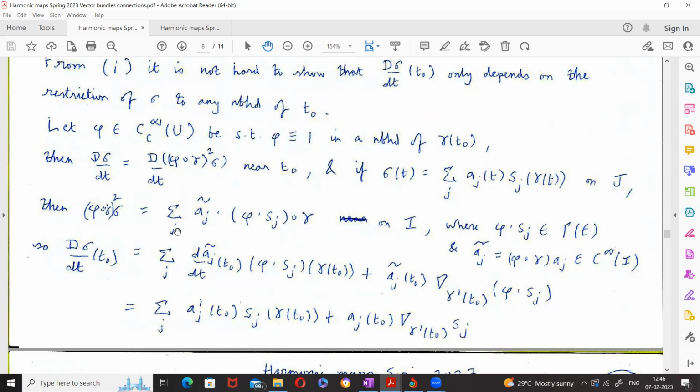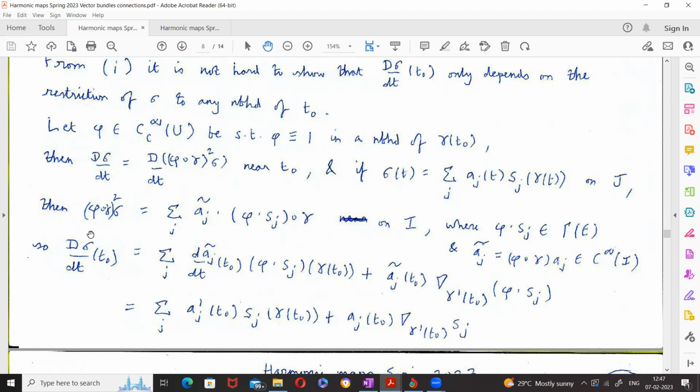So this I can write as sum over j of aj tilde into phi times sj composed with gamma. Why do I want to do this? Because then my phi times sj is now a global section on E, and my aj tilde, which is phi composed with gamma into aj, is a function on the whole interval I. aj was defined initially only on the interval J, but now I've extended it to an aj tilde on the whole interval I.